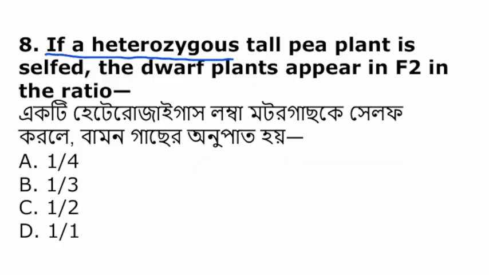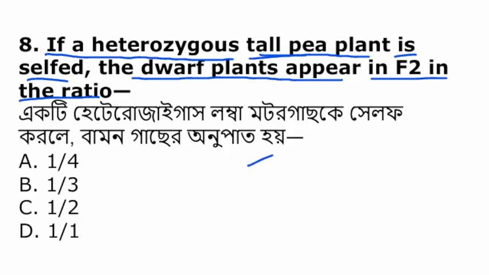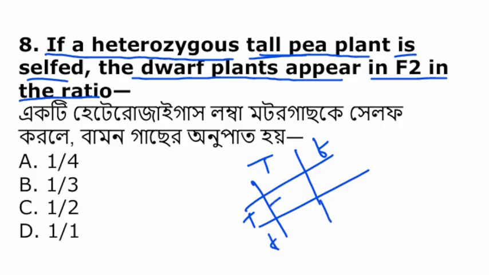If a heterozygous tall pea plant is selfed, the dwarf plant appears in F2 in the ratio — যখন heterozygous tall pea plant কে ক্রস করা হবে, সেলফ করা হবে, that is capital T small t, তখন ক্যাপিটাল টি ক্যাপিটাল টি, ক্যাপিটাল টি স্মল টি, ক্যাপিটাল টি স্মল টি, স্মল টি স্মল টি. সো তখন তার রেশিওটা কি হবে? ডোয়ার্ফ প্লান্টের রেশিওটা কত হবে? 1/4, 1/3, 1/2 or 1/1.